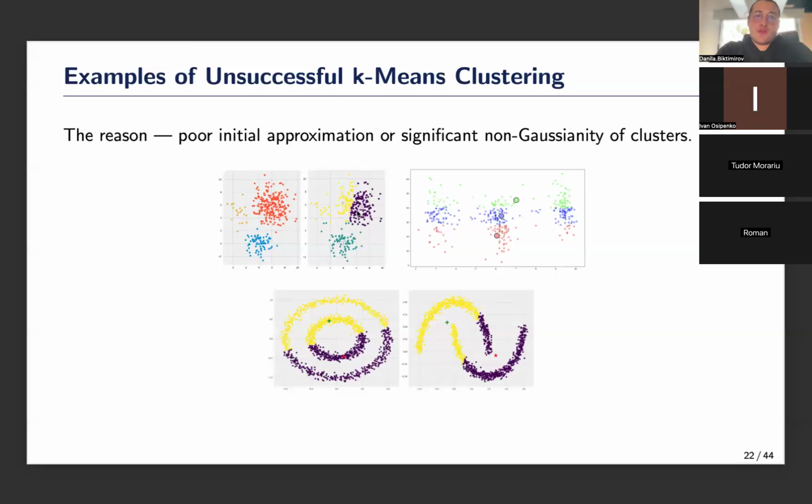Another example of unsuccessful k-means clustering is wrong cluster orientation, for example, vertical versus horizontal. Let's consider a case where the true structure consists of three vertical clusters. However, due to poor initialization, all centroids start in the same cluster. Instead of forming three vertical clusters, the algorithm slices them into three horizontal clusters.